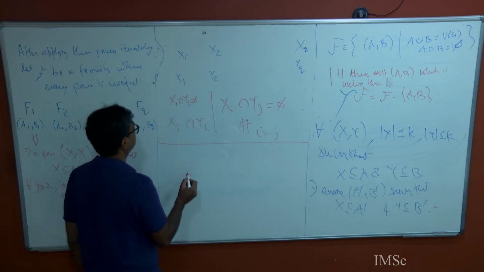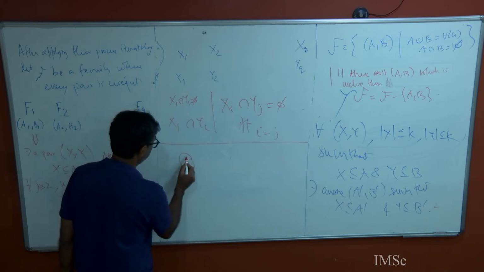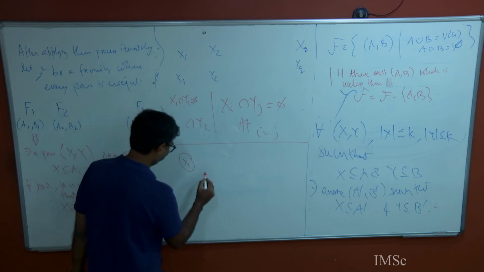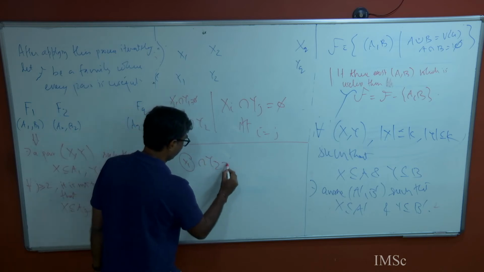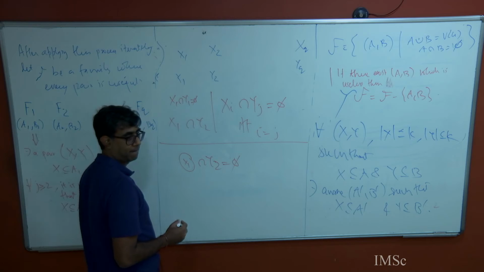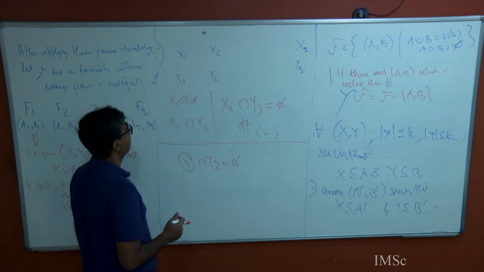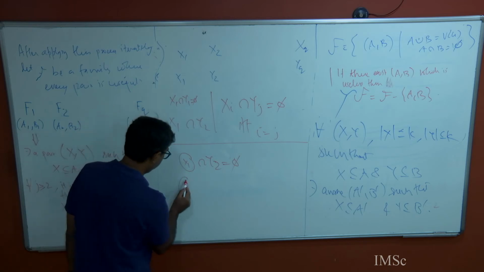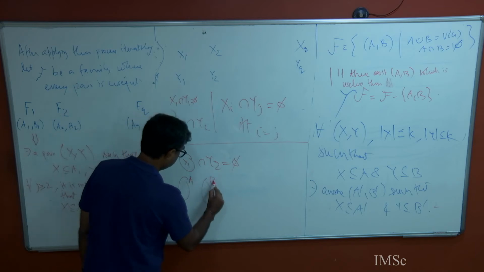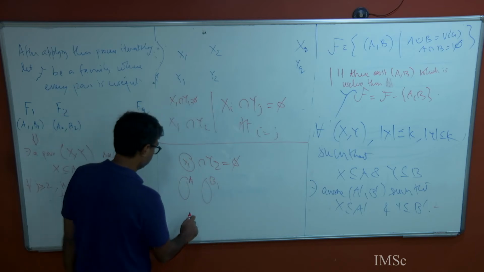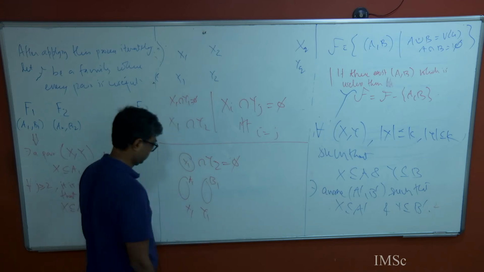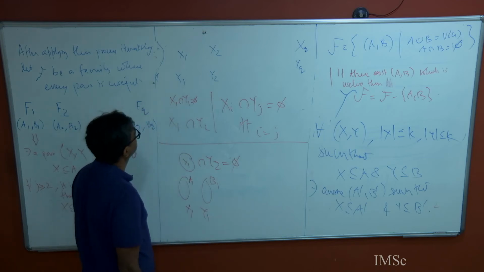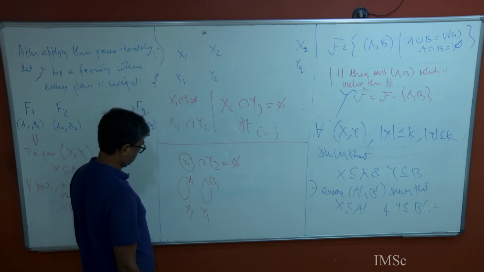Why? Suppose x1 intersection y2 is phi. Now assume a1 b1 is respected by x1 y1, and I know that x1 intersection y2 equals phi, so a1 has no element in y2.